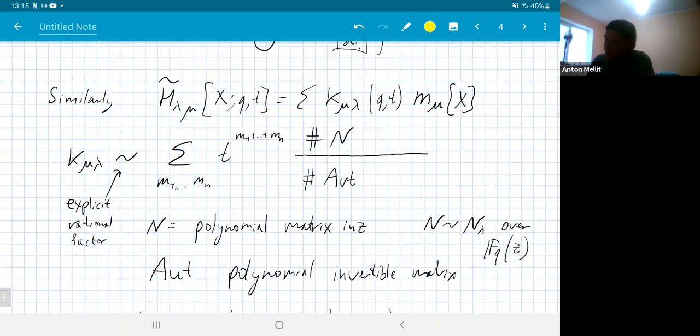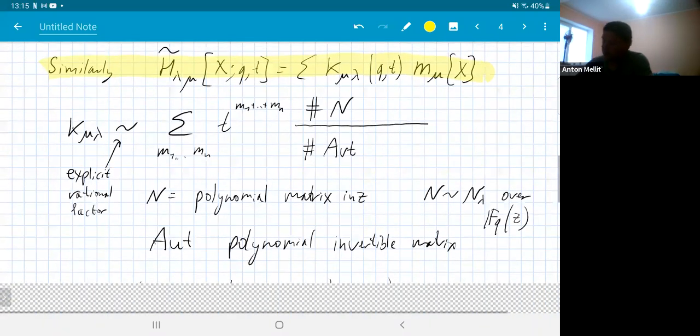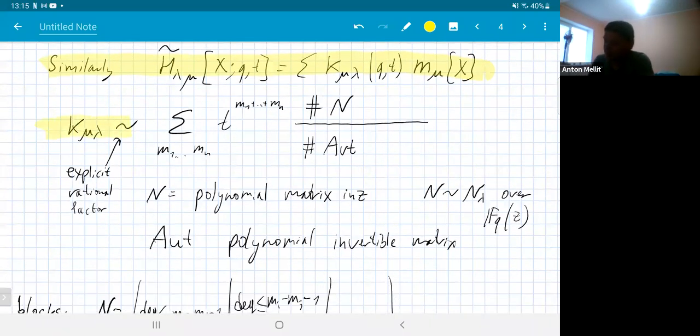Let's denote by K_{mλ}(q,t) the polynomials in the expansion of Macdonald polynomials in some monomial basis. It will turn out that K_{mλ} is, up to some explicit rational factor, given as follows.